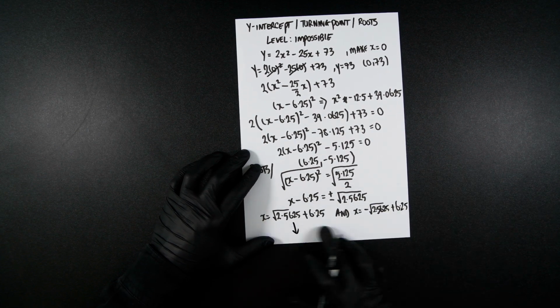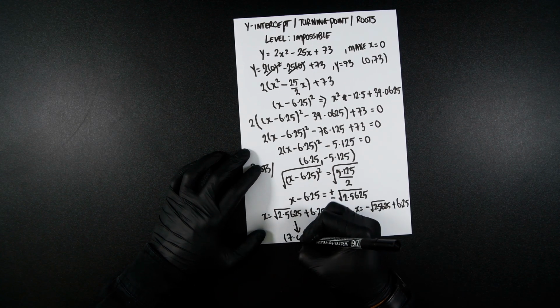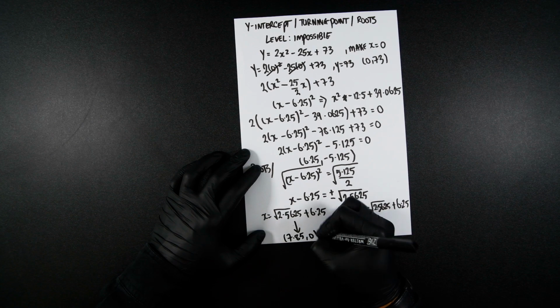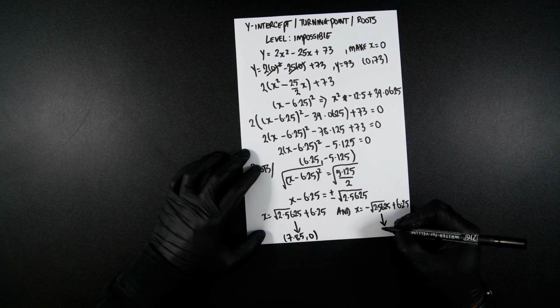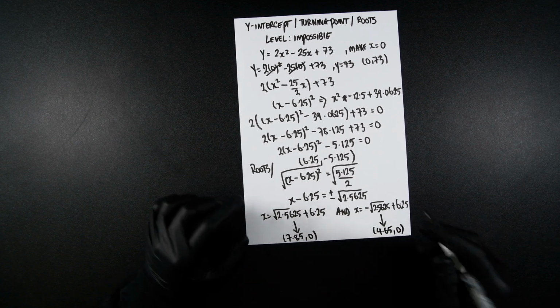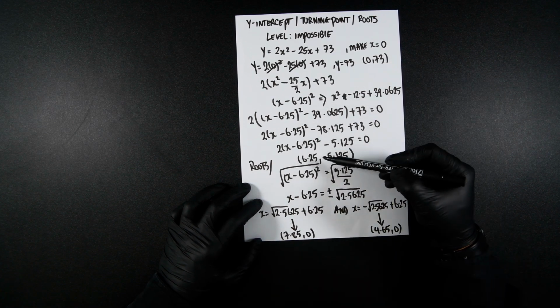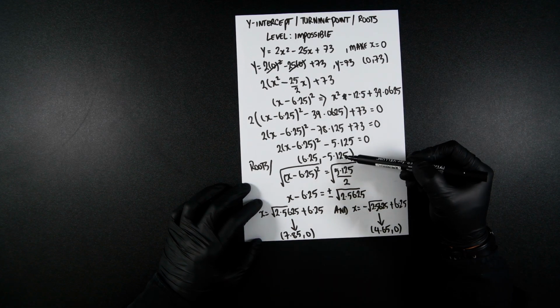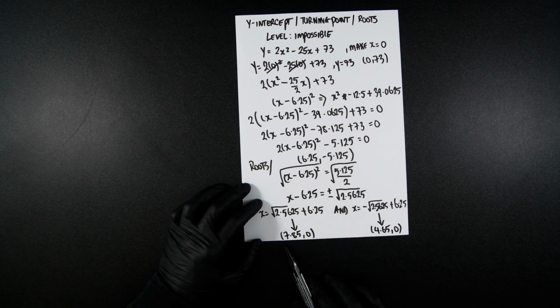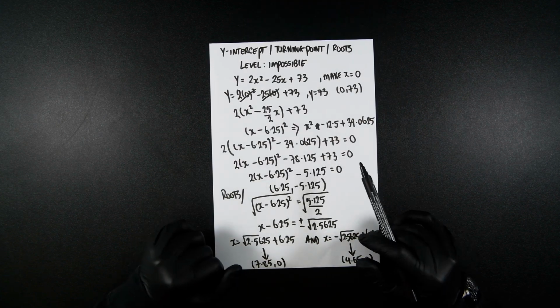The first one plus 6.25 is obviously 7.85, and this is 4.65. So now we have 4 points: 0 and 73, 6.25 and minus 5.125, 7.85 and 0, and 4.65 and 0. These are the 4 points that you need to be able to draw the graph.